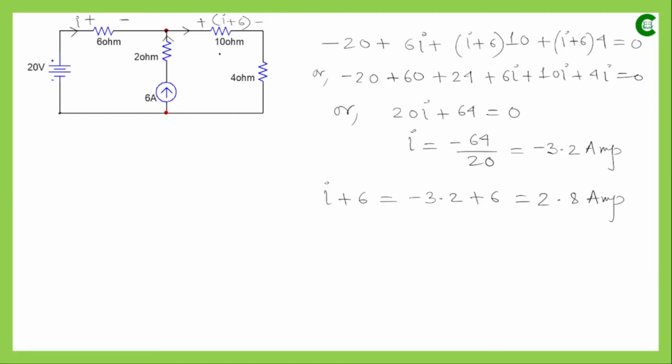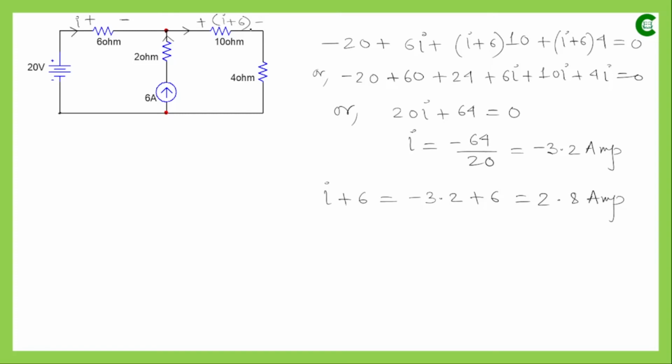So that means the direction of current that we assumed initially through this branch is correct, and through this branch the current that will be flowing is 2.8 ampere. That means the final conclusion is for this current source, through this branch 6 ampere current is flowing. So at this point this current will be divided into two parts. One part will be flowing through this branch, and that value is 3.2 ampere from right to left, and one current will be flowing through this branch, and that current value is 2.8 from left to right.